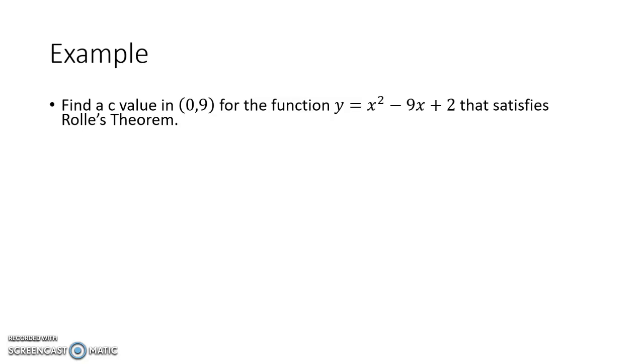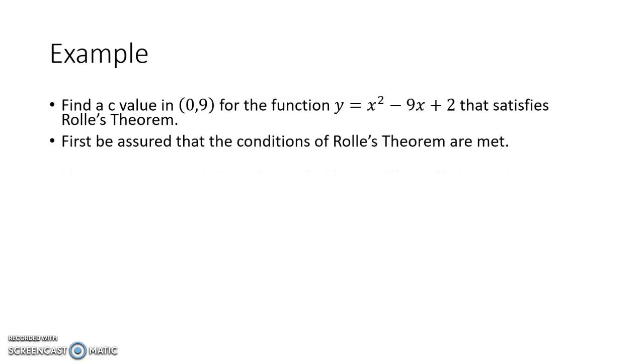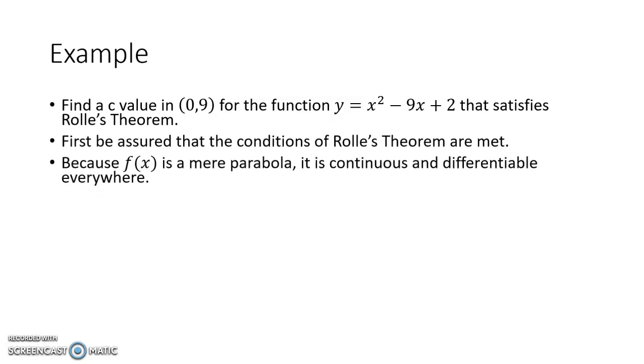Fortunately, this is a simple parabola, and all parabolas and all polynomial functions, as far as that goes, are continuous and differentiable. So that's not a big deal. To be continuous, informally, just means you can draw it without picking up your pencil. You're not going to have some hole or gap or vertical asymptote, basically. Nowhere is there a place where you have to stop drawing and begin drawing again later.